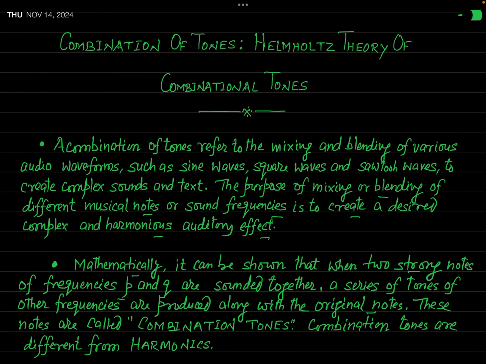Actually, there will be a combination of the frequencies. So, in the resulting sound, the original superposing frequencies are present, but apart from that, we get so many more frequencies. Actually, these notes are then called combination tones.